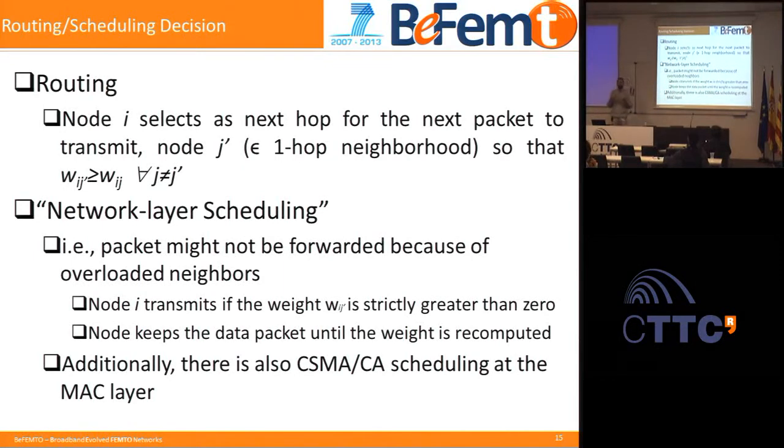Which means that if we know that all our neighbors are congested and we don't get any advantage of sending the packet to our neighbor, we don't send it, so we don't consume resources. So this is kind of a nice feature of the protocol. We wait for a better opportunity to transmit, right?